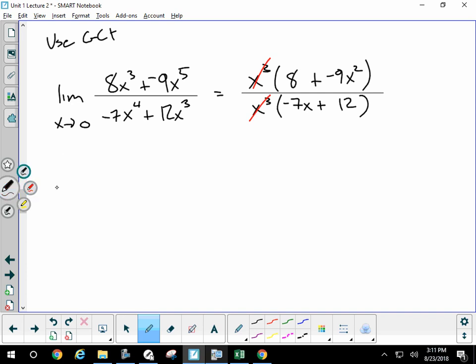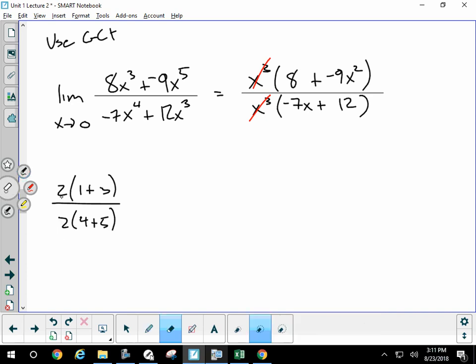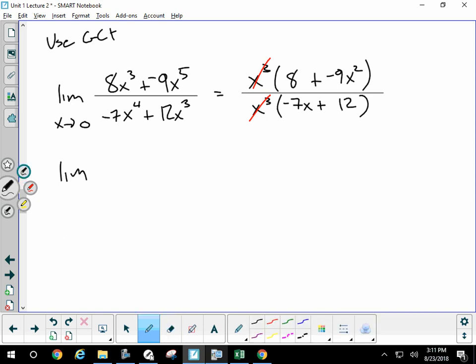Try something like 2 times 1 plus 3 over 2 times 4 plus 5. Having the 2 here or not having the 2 here is not going to make a difference. So we need to find the limit as x approaches 0 of this new guy.